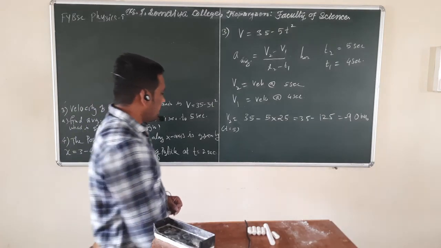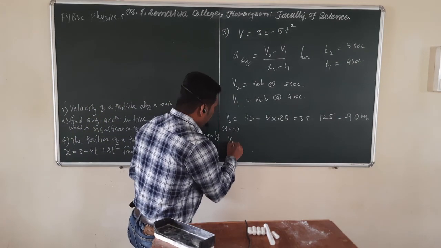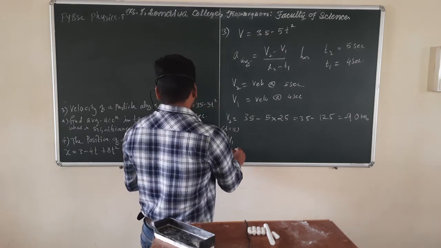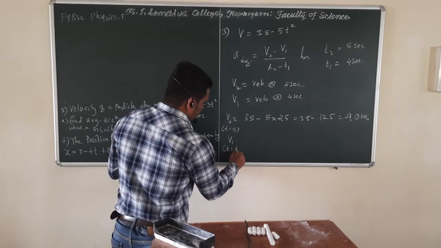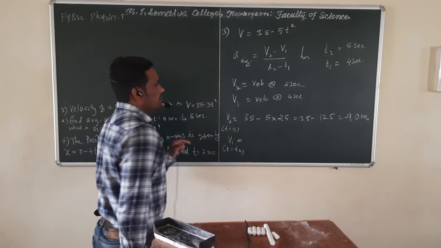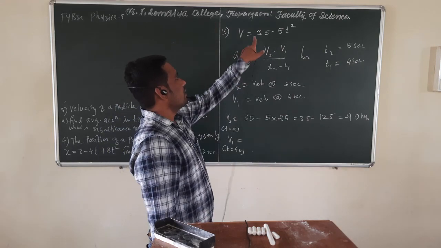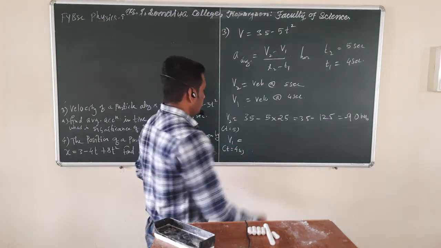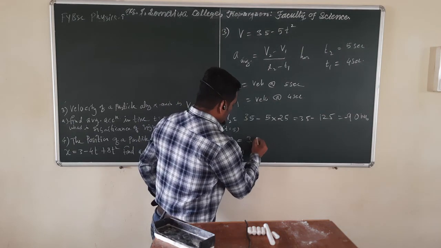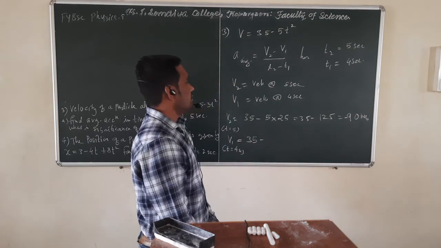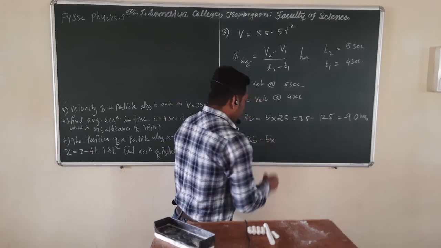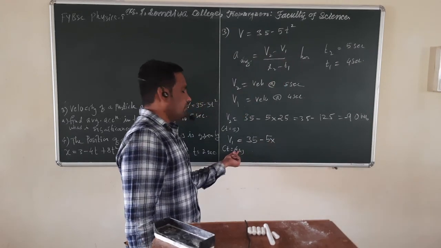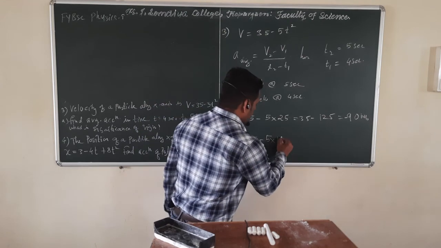Now, to find v1, what is it? Velocity at time t is equal to 4 seconds. So v1, in this equation we have to put t equal to 4. So v is equal to 35 minus 5 multiply by t square, means 4 square, which is 16.